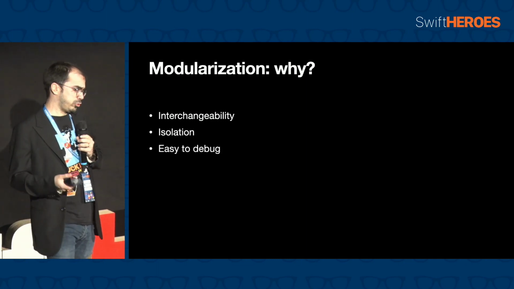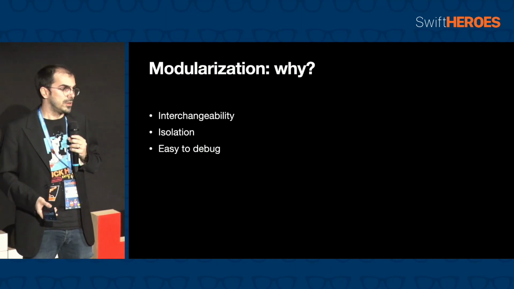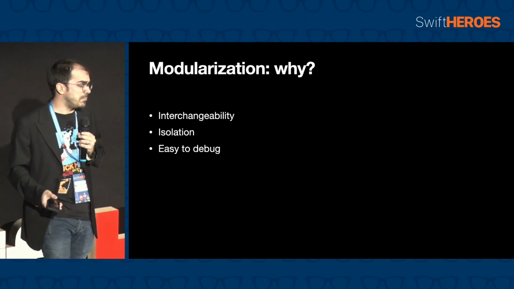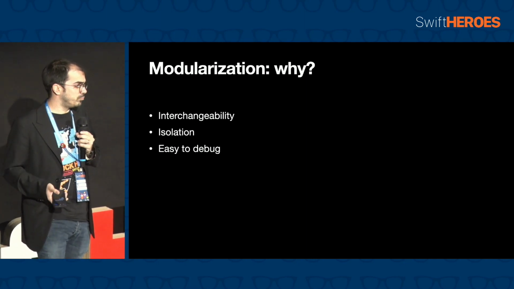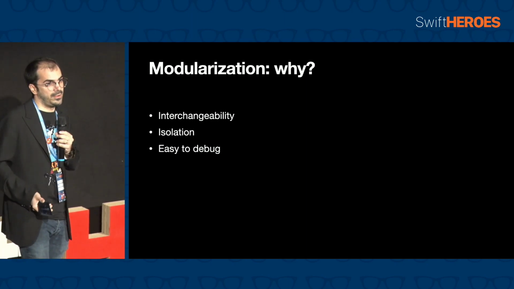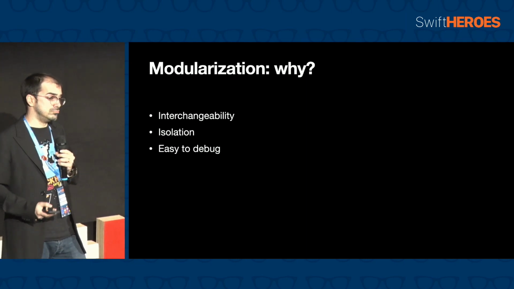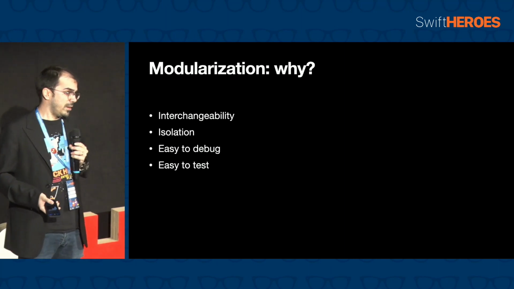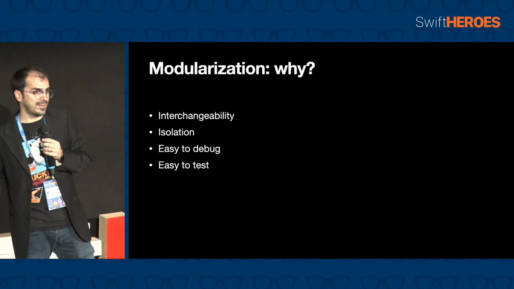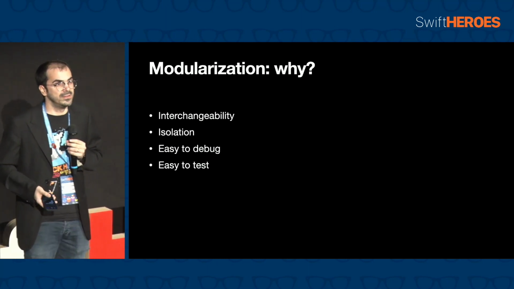Of course, there are also other benefits. A modularized code base is easier to debug. Because, for example, in SwiftUI, we can provide for each module a simple playground with a live view, and we can directly run the view with all the mocked stuff we want. It's also easier to test. I'm talking not only about unit tests and UI tests, but also feature tests.